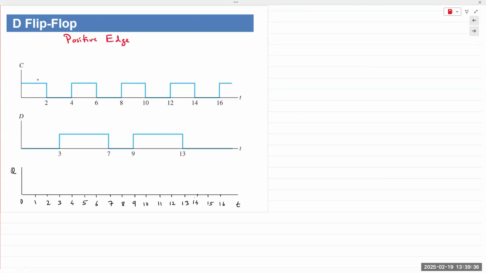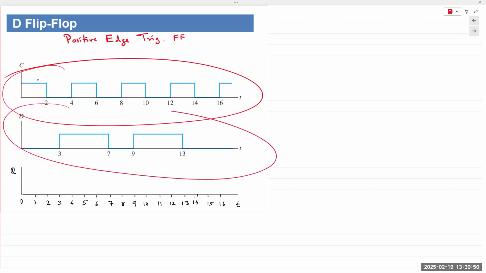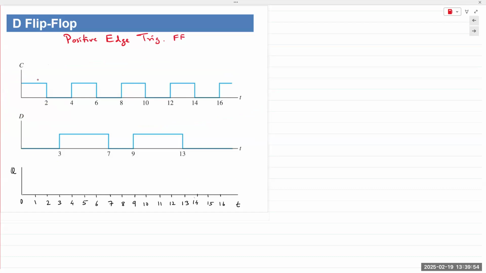So let's say the question being asked was, we have a positive edge trigger D flip-flop. Given the clock signal, and you're given the D or delay signal input, what is the output?